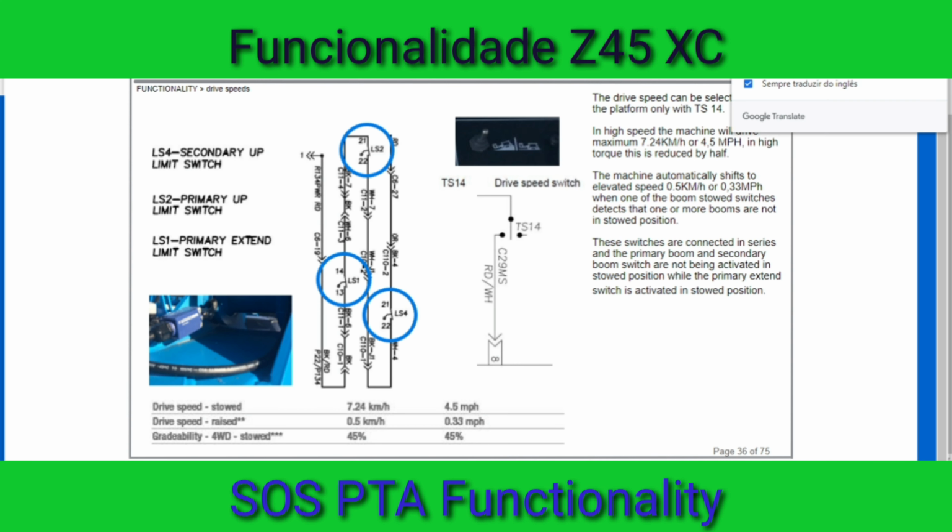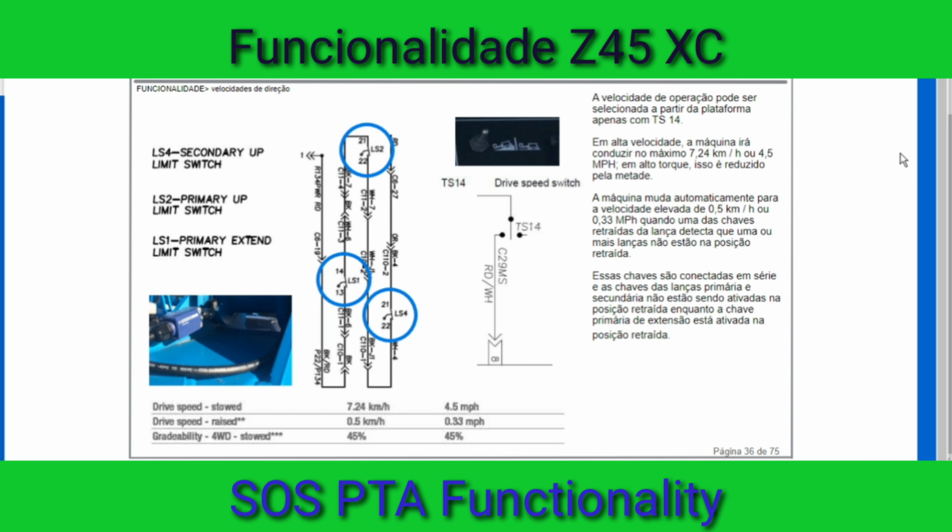The drive speed can be selected from the platform only with toggle switch 14. In high speed, the machine will drive maximum 7 km per hour or 4.5 miles per hour. In high torque, this is reduced by half.